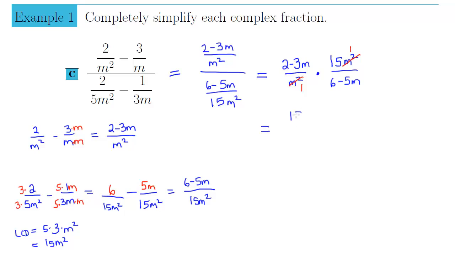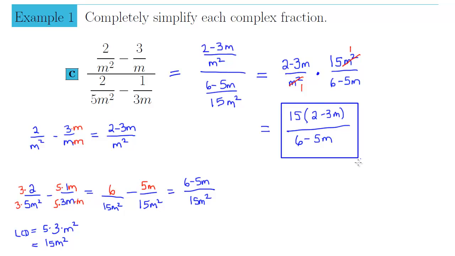In the numerator, we have 15 times 2 minus 3m, and in the denominator, we simply have 6 minus 5m. We have now simplified our complex fraction. If you like, you can multiply out the top and rewrite this as 30 minus 45m all over 6 minus 5m.